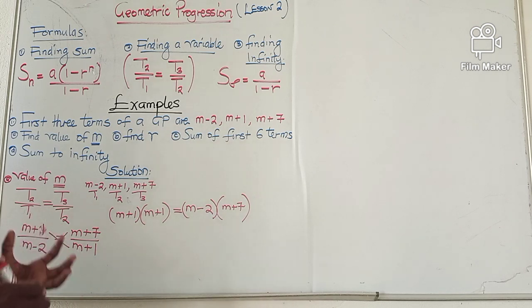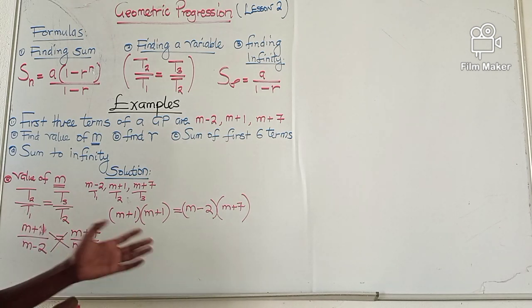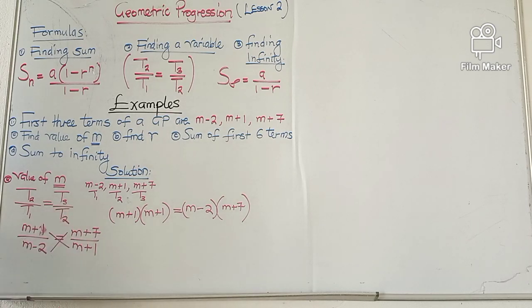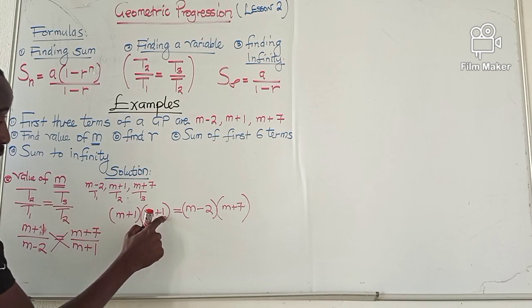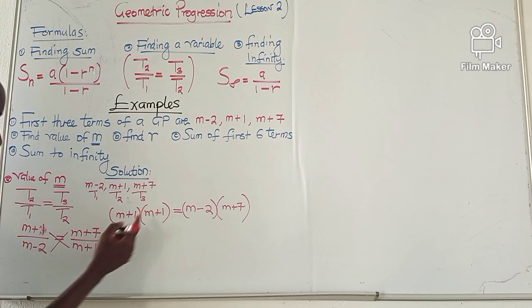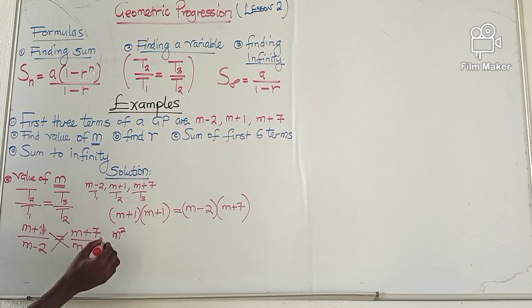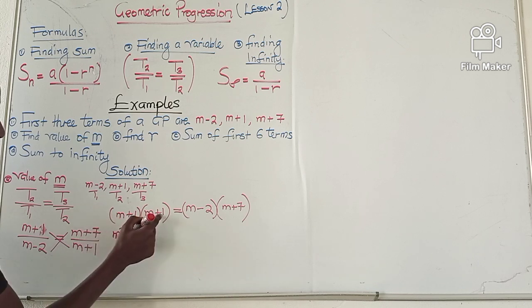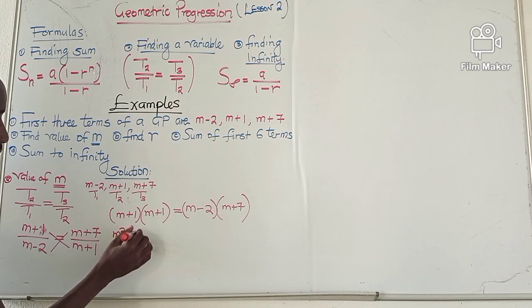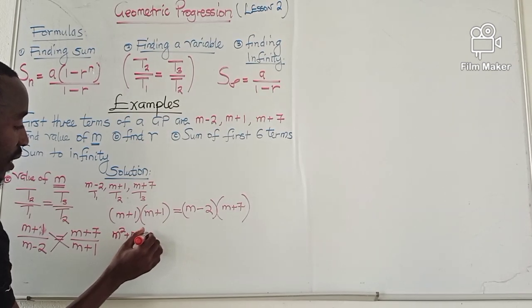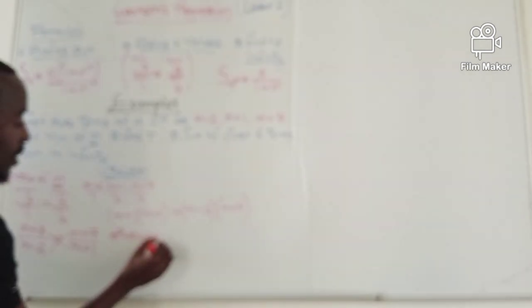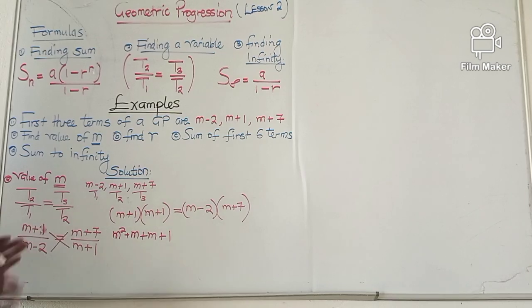Mind you, brackets means multiplication. So m times m gives us m squared. Plus m times 1, it is m. 1 times m, it is plus m. 1 times 1, that is plus 1. We have broken the brackets there.